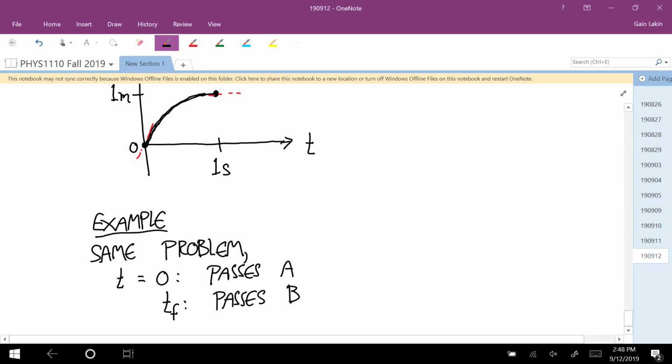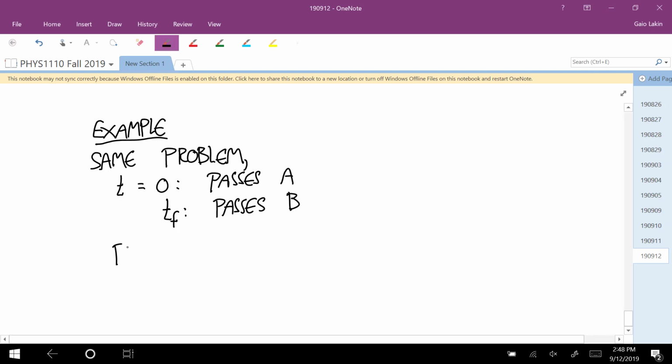We can't change those. But what we're going to change is P equals 0 is going to be at B. The positive direction is going to be down the ramp. Okay, and that's going to change all of the variable values.